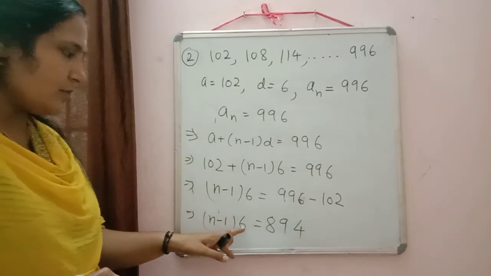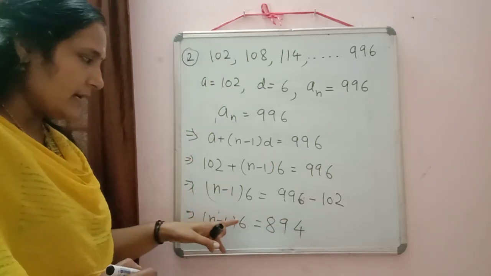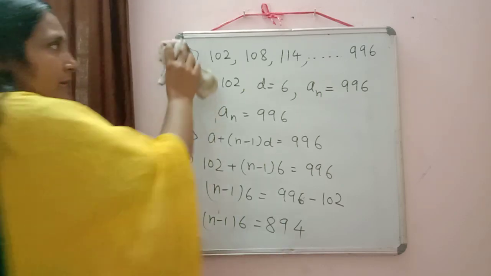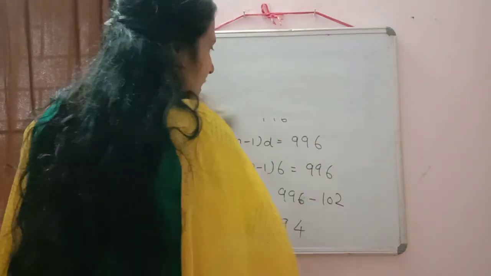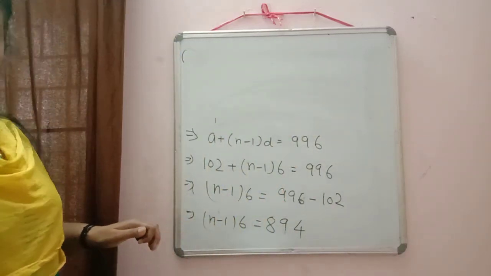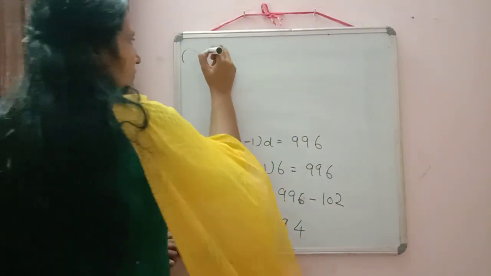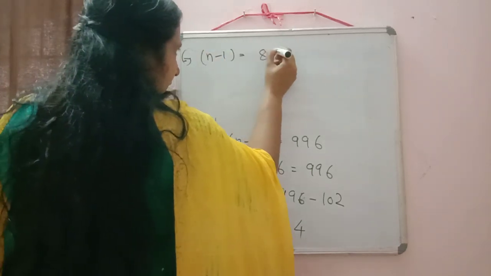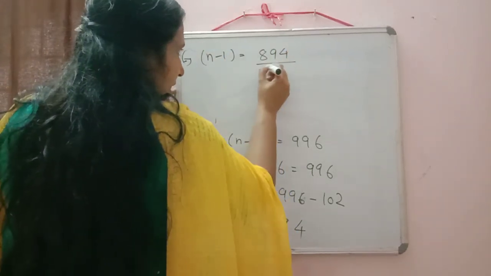After that, it depends on you. If you want, you can multiply here. Otherwise, you can shift 6 to right hand side. 6 is multiplied by n minus 1. When you change the position, it will get divided. So we will get n minus 1 is equal to 894 divided by 6.